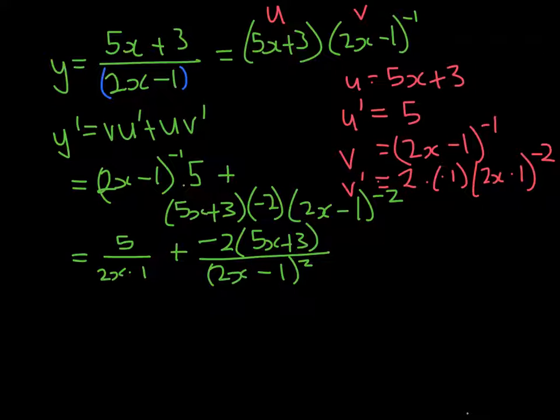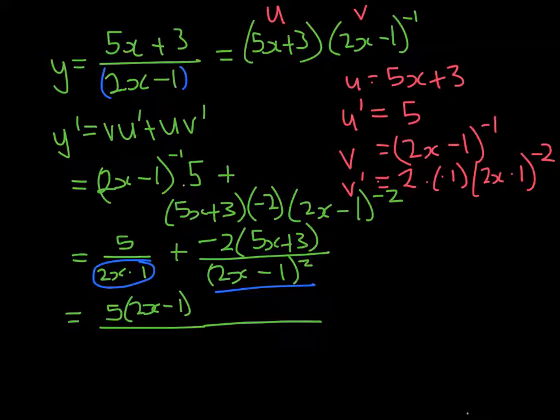Okay, and we can actually bring those two things together by giving them a common denominator, in which case this denominator here will be what we're looking for, and we can make the first denominator the same if we multiply it by 2x minus 1. So that will give us 5 outside of 2x minus 1 all over 2x minus 1 squared minus 2 outside of 5x plus 3.